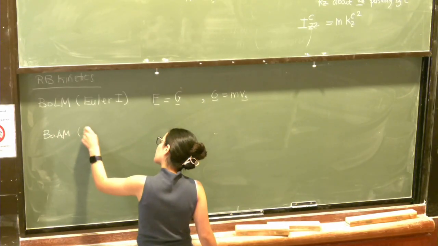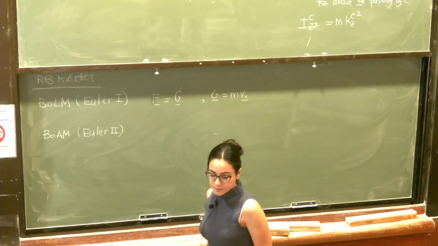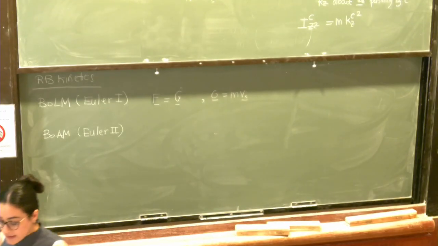The balance of angular momentum, that's Euler's second law. And this has 3 forms.